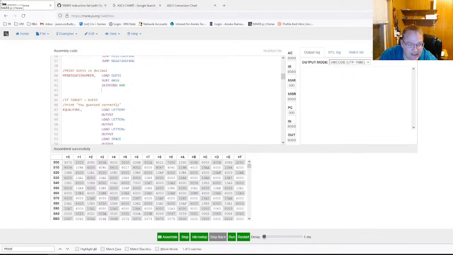So if it's negative, I'm going to jump. I'm just going to say jump past right now. And okay, if it's negative, oh, this is a mess.